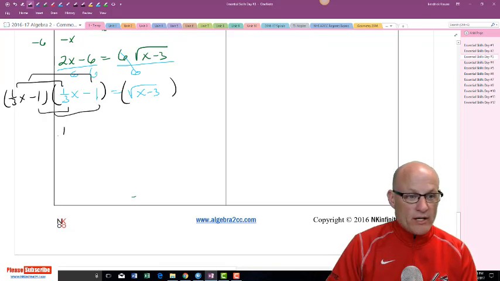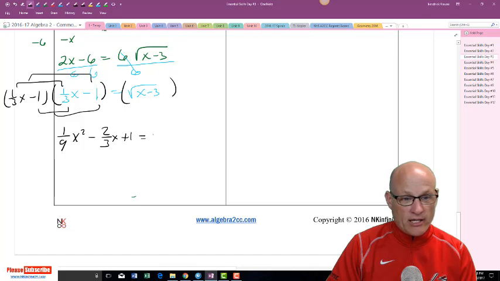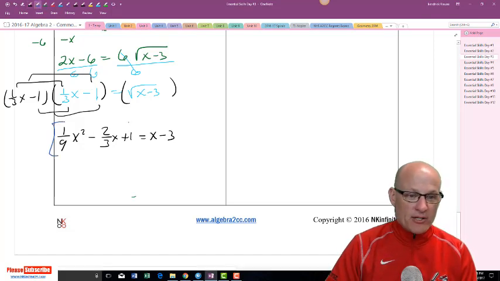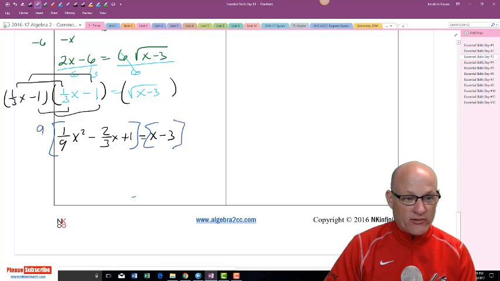So you get 1/9 x squared minus 2/3 x plus 1 equals x minus 3. Now, because of this 1/9 and this 2/3, which is an absolute royal pain in the neck, I'm going to multiply both sides by the lowest common denominator, which in this case is 9.